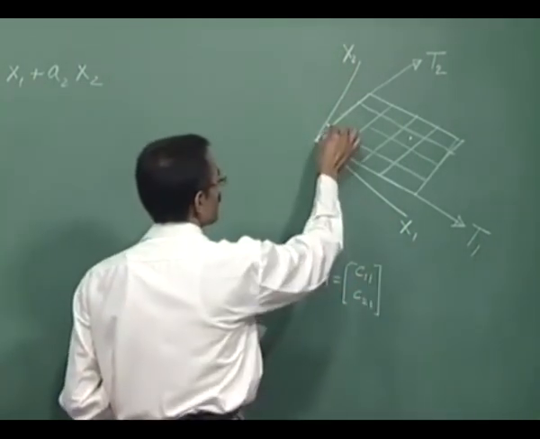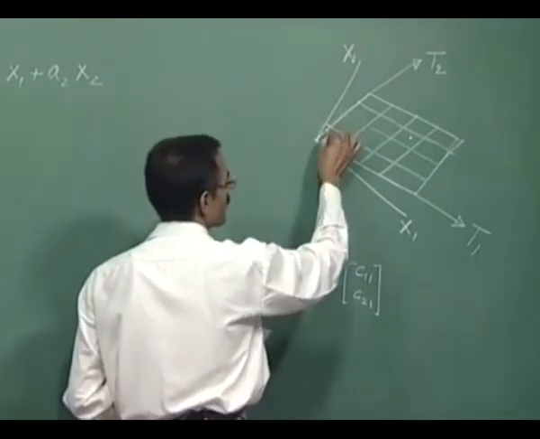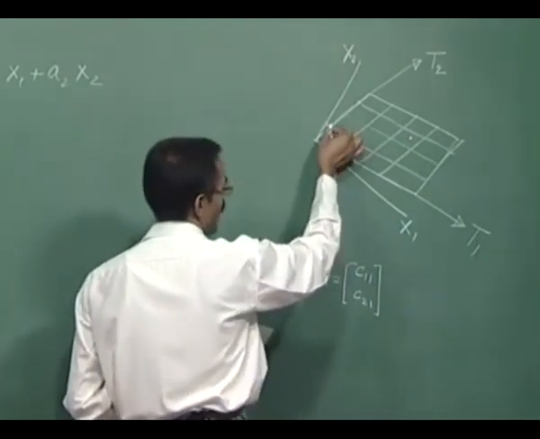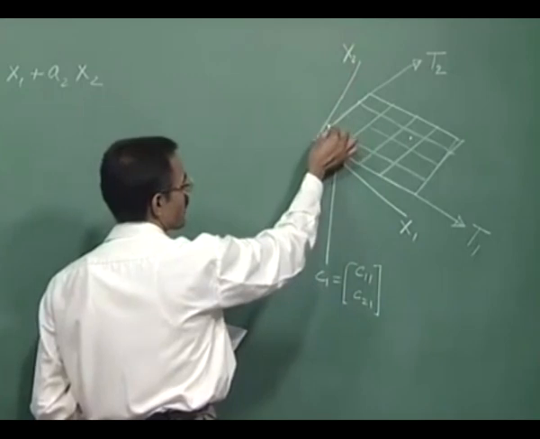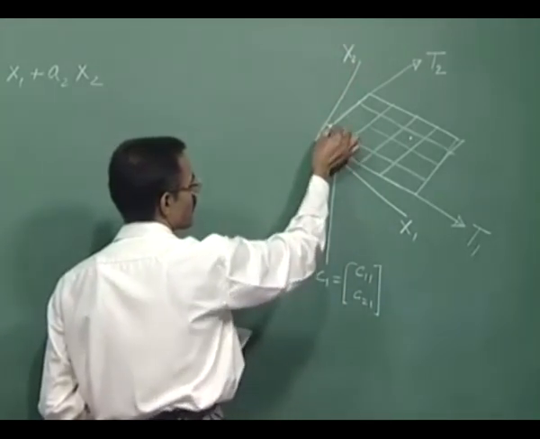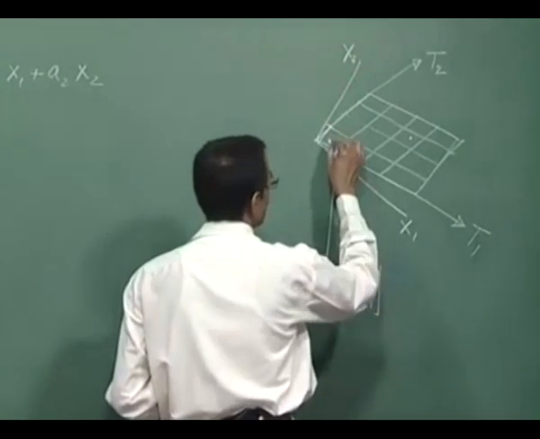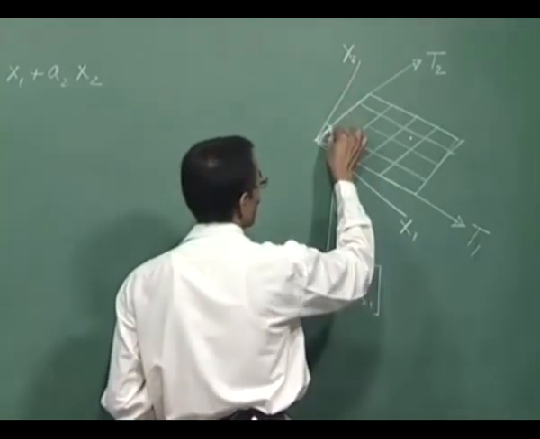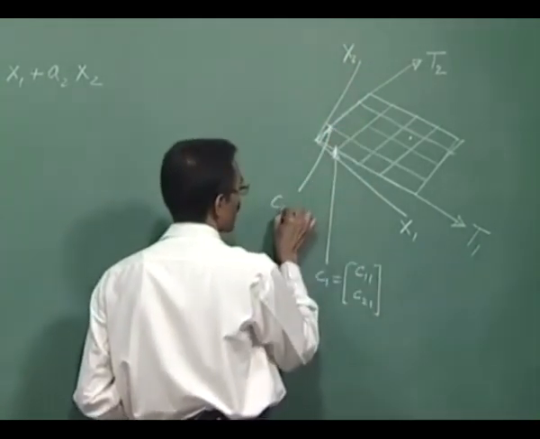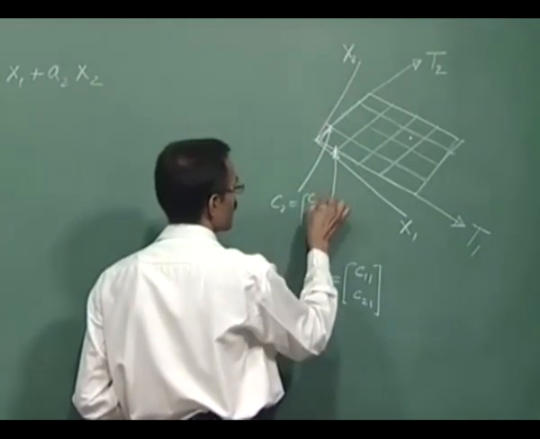Similarly, this unit, which is 2 centimeters in this case, we want to find its vector description in the original x1 x2 system and call it c2.